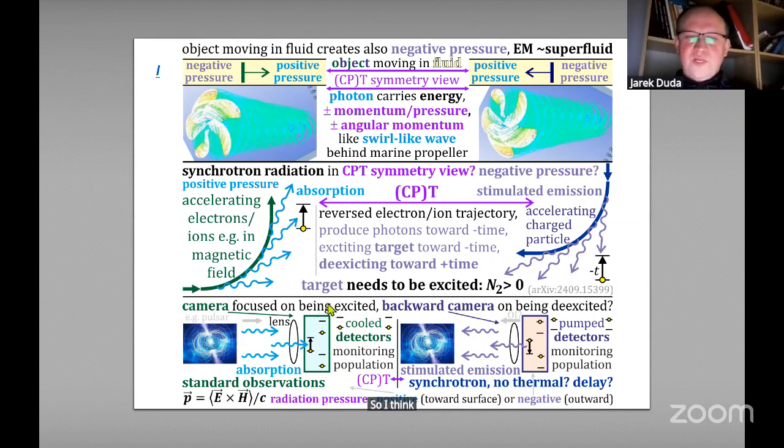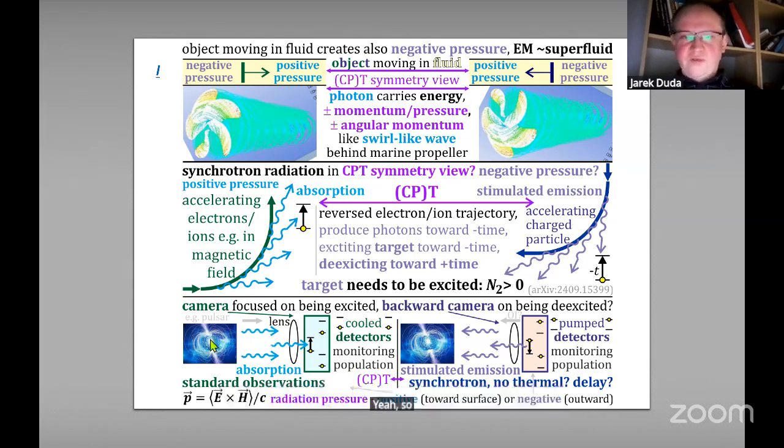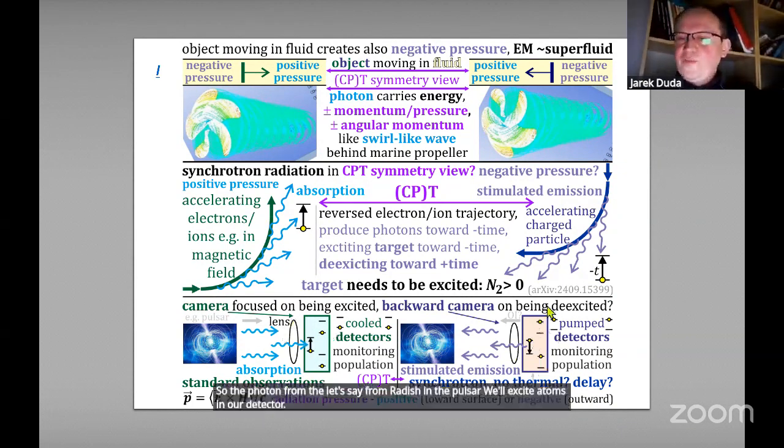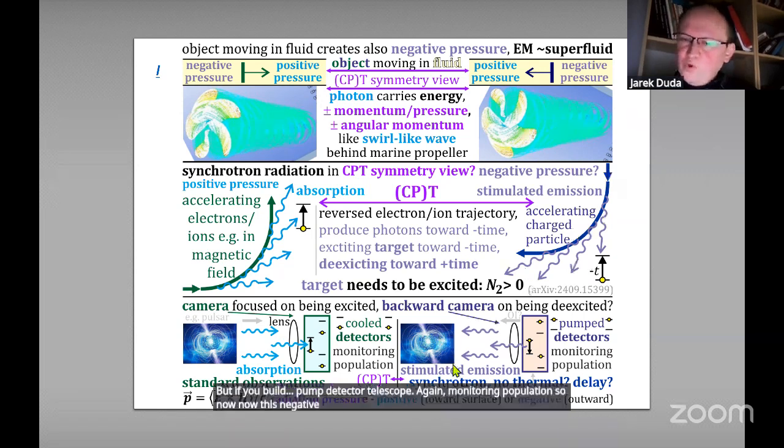So let's think about a standard telescope. A standard telescope has a detector which is often cooled and monitoring population. The photon from, let's say, synchrotron radiation in the pulsar will excite atoms in our detector. But if we build this pump detector telescope, again monitoring population, now this negative radiation pressure should pull these photons.